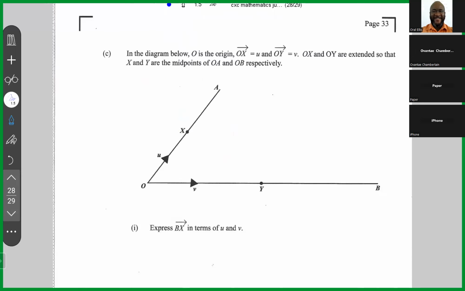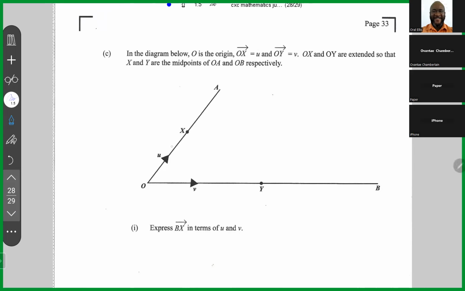All right, part C, the vector part of the question, says in the diagram below, O is the origin. The vector OX is U, the vector OY is V. OX and OY are extended so that X and Y are the midpoints of OA and OB.